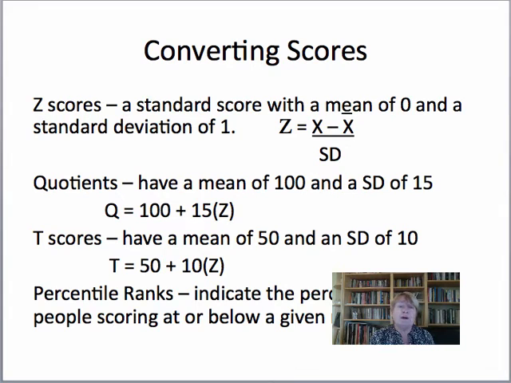So a Q-score is equal to 100 plus 15 times the z-score. So now remember, our z-score for a score of 15 on our test was negative 1.25. So plug that into the equation and compute an IQ score on this reading test for the student who got a score of 15. Take a minute to do that.